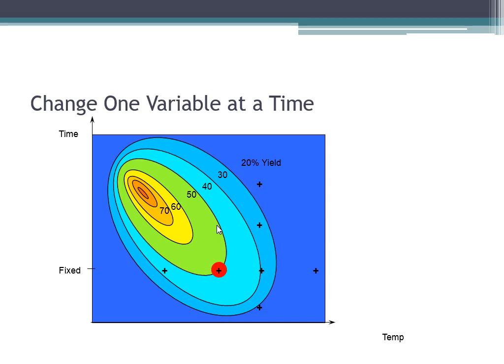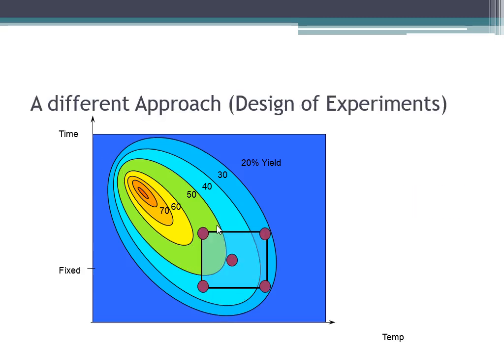So instead we use a different way. I can just illustrate it very simplistically. If we would have done a design like this, we would have been able to see this is the best experiment, this is the worst. We can mathematically model in what direction to go to find this optimum.